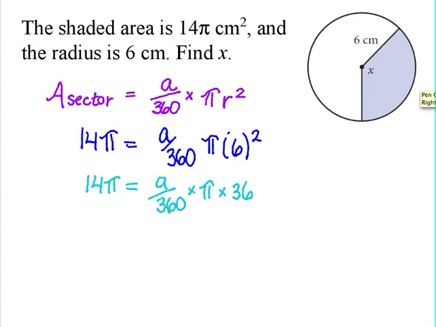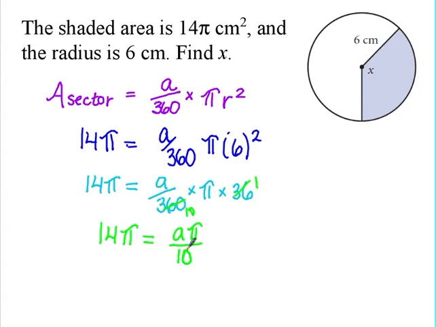All right, so let's cancel out. I get 1, 10. So I end up with 14 pi equals A times pi divided by 10.